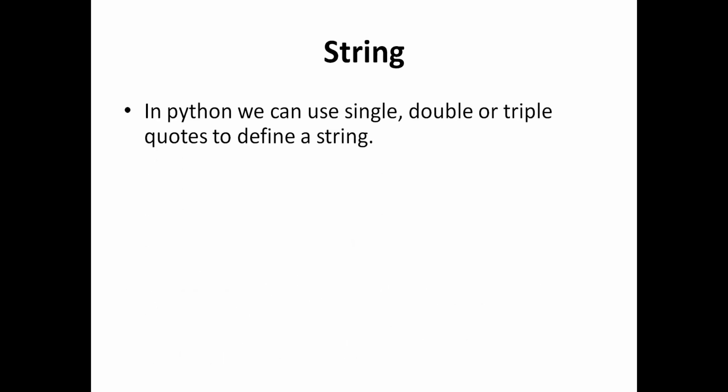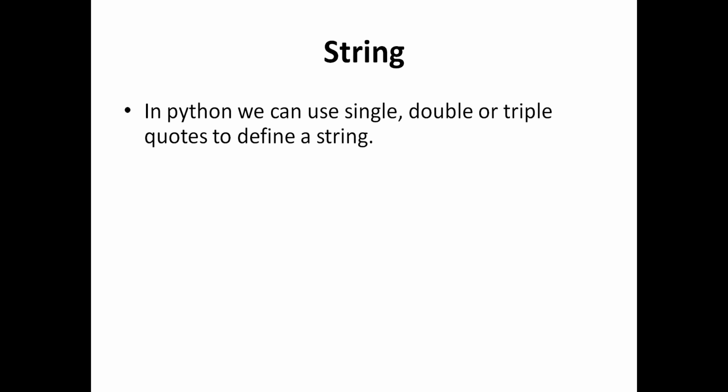Now we talk about strings. In Python, a string can be defined as a sequence of characters represented in quotation marks. We can use single, double, or triple quotes to define a string. String handling in Python is a straightforward task since there are various inbuilt functions and operators provided.